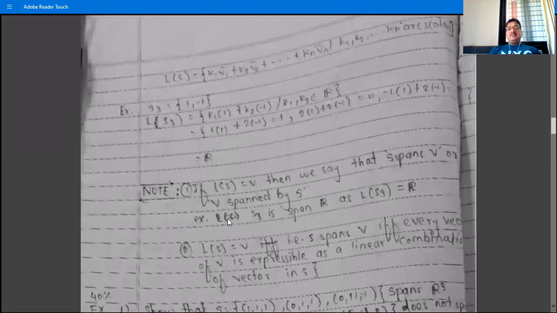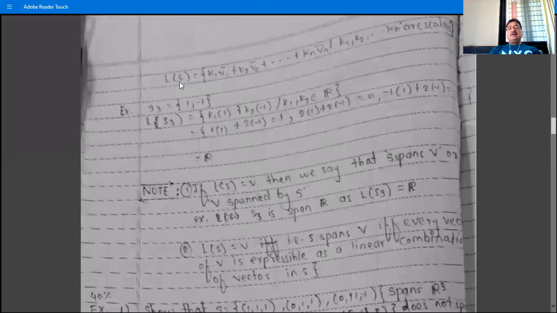V is a subset of LS. So V is a subset of LS if each element of V belongs to LS, and LS is the set of all elements of this type: the linear combinations of v1, v2, ..., vn. Every element of LS is a linear combination of v1, v2, ..., vn.